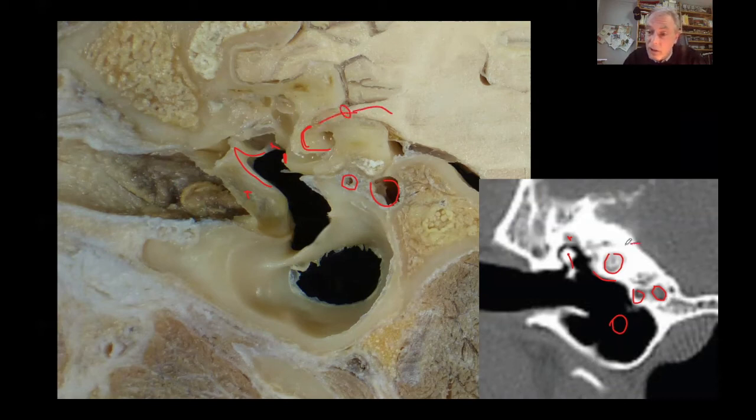So the facial goes like that, and then it turns. There we have the external genu of the facial nerve, where there is a ganglion here. Okay, the ganglion of the genu of the facial nerve. And dorsally, at this level, we have the vestibulum of the inner ear, the vestibulum with the semicircular canals.